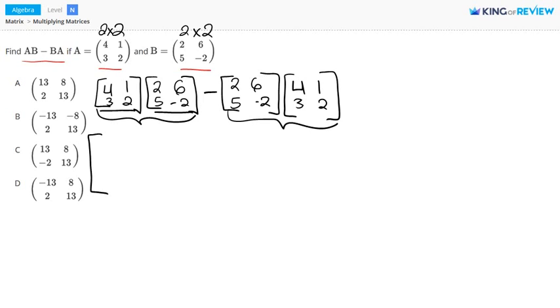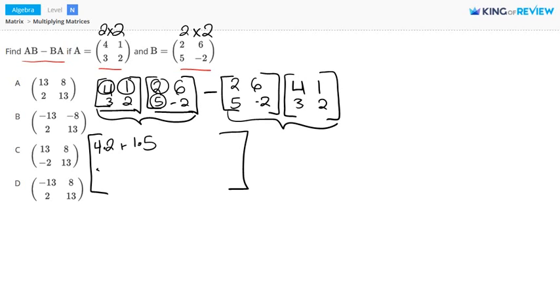So for this product, let's go ahead and set up the matrices. We are going to have 4 times 2 plus 1 times 5. That's our first entry. We're going to follow in the same fashion with the next entry.